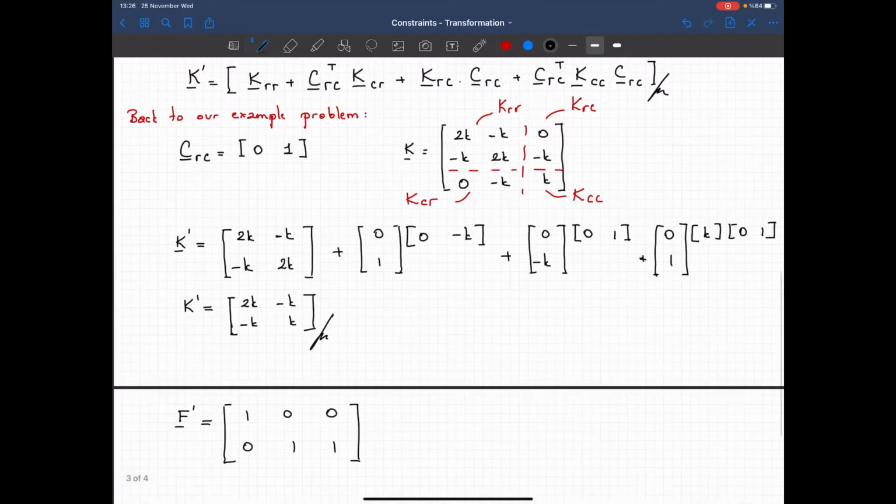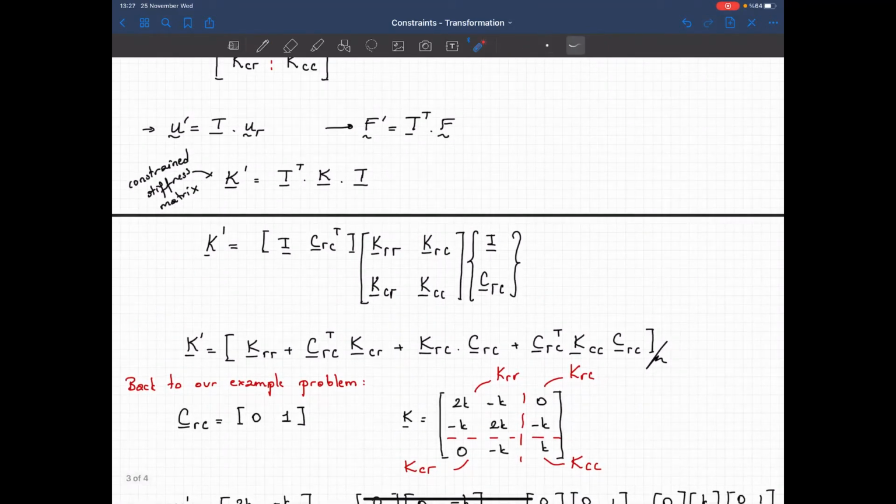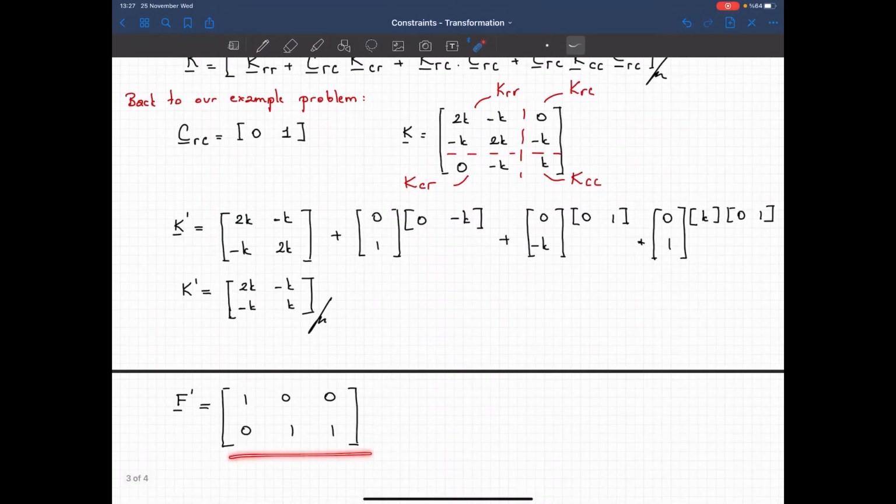Remember that for the F prime we will be using the transpose of the transformation matrix, which is this one, and I have to multiply it with the force vector P, P, and when you do that we obtain our new force vector P and 2P.